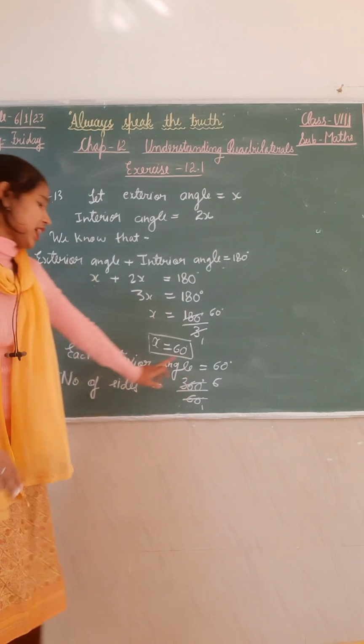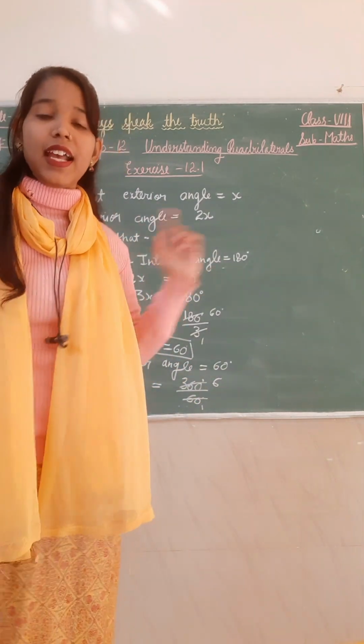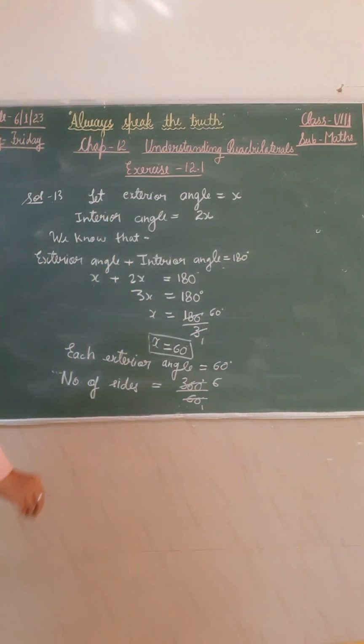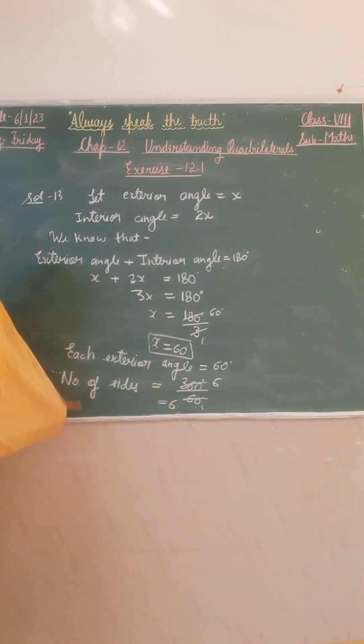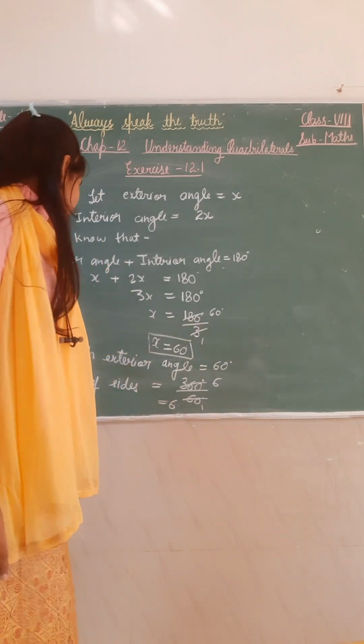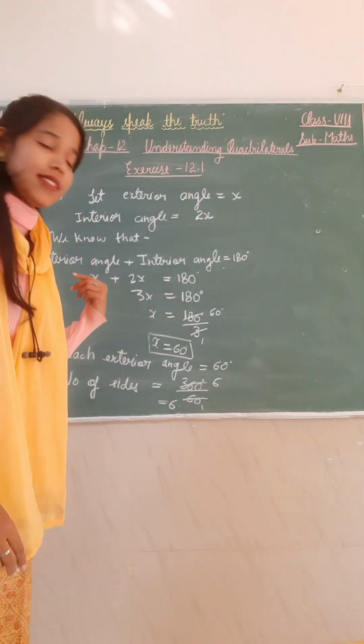That means the number of sides is equal to 6. That means the polygon is a hexagon. It has 6 sides. So the answer is 6. So write down the answer. The number of sides will be 6. Okay. You have to write down the answer yourself.